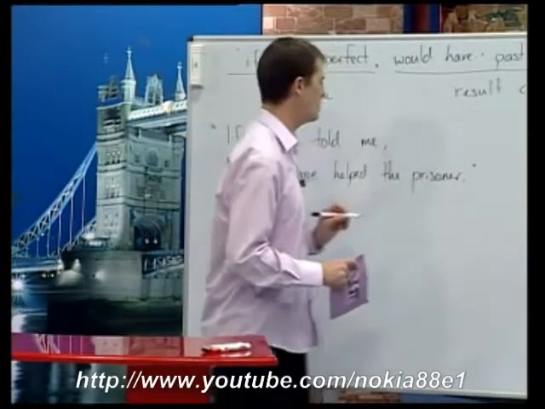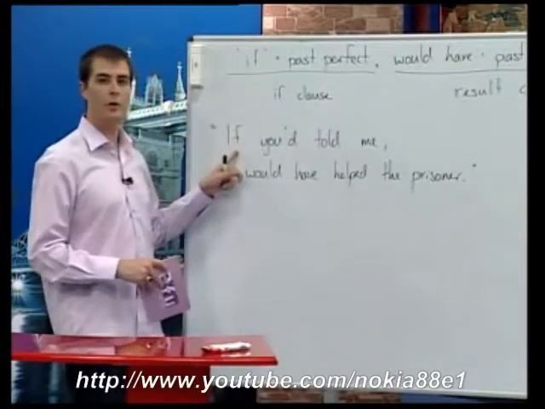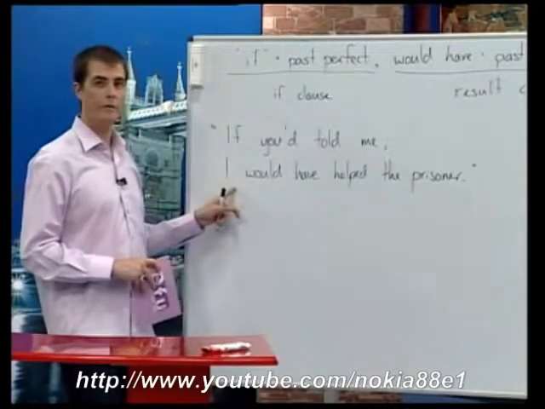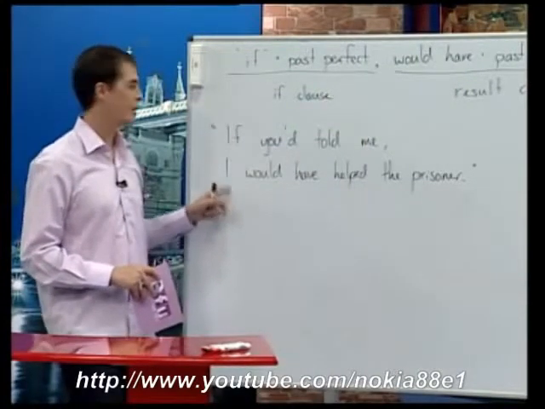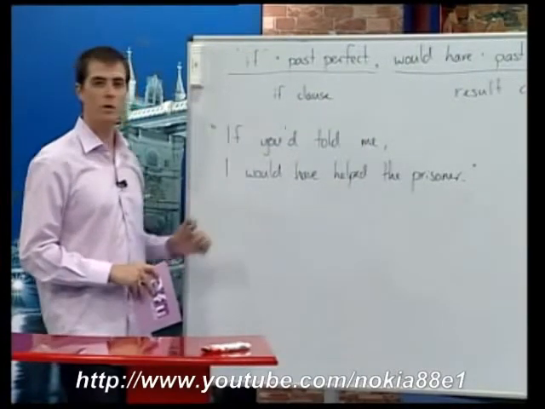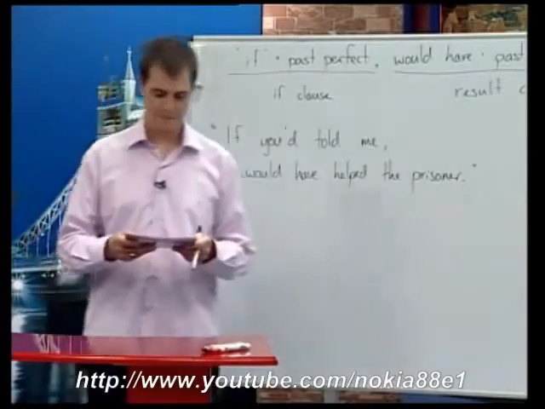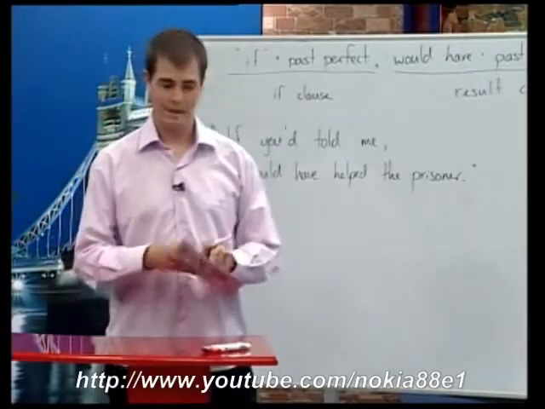So for speaking, we'd say, if you'd told me, I would have helped the prisoner. Just be careful, it's not I would have, but I would have. If you'd told me, I would have helped the prisoner. That's when we're speaking. Well, let's practice these now.